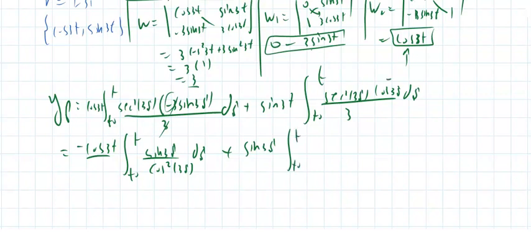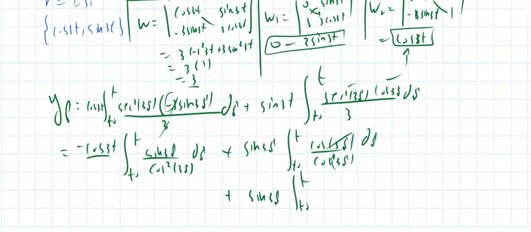And this is cosine. I don't want to confuse you, but that would be just secant. So this cancels one of those. You're looking at the sine of 3s, the integral from t naught to t of secant of 3s ds.